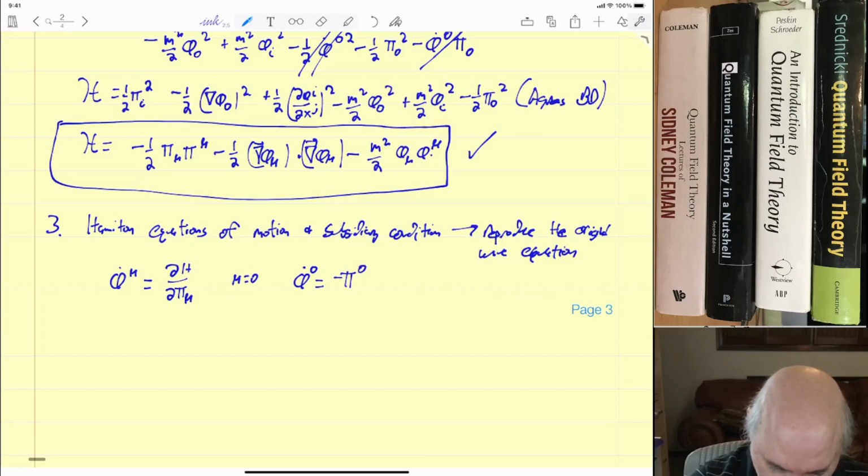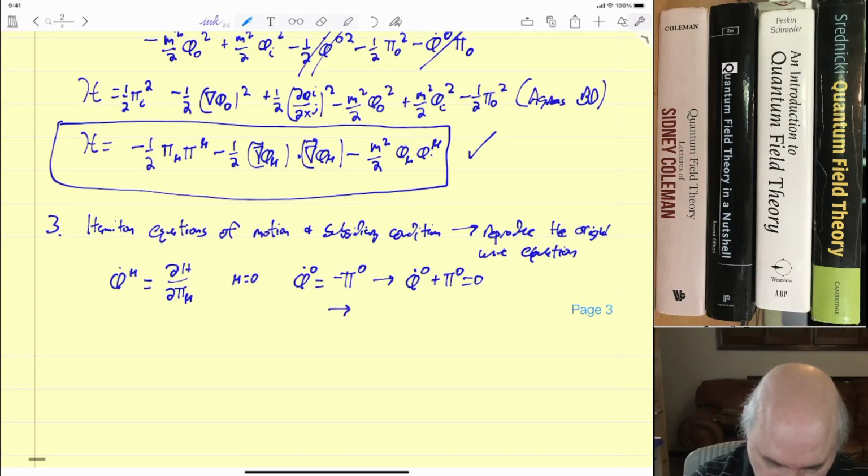So now this implies, using our boxed equation from a while ago, just transposing, we get phi dot 0 plus pi 0 equals 0.